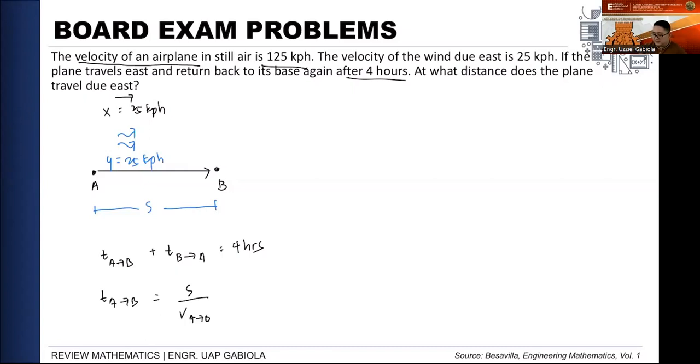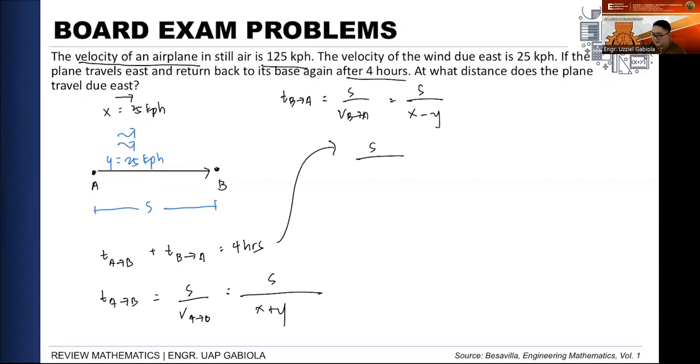Then V natin is X plus Y. Okay? Kay B naman, T, B to A, that is S over X minus Y. Okay? So magsasubstitute natin dito sa formula natin. That will be S over X plus Y plus S over X minus Y is equals to 4.